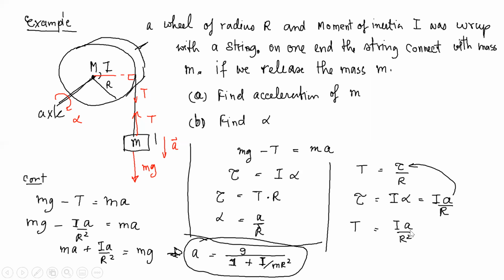So we can plug this back into the force equation, mg minus T equals ma. We found that T is I a over R squared. So we have mg minus I a over R squared equals ma. And then rearranging the terms, we get the acceleration is g divided by 1 plus I over mr squared.